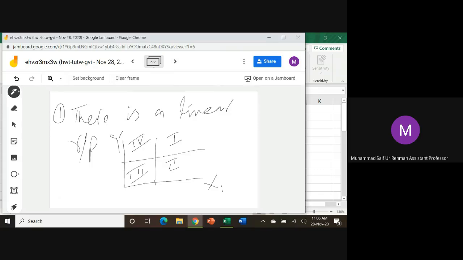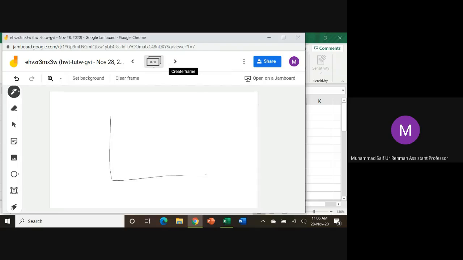You will see in which quadrants more dots are there. First of all, you will have the mean values, y bar here and x1 bar over here. Let us say you obtain more dots in this quadrant and more dots in this quadrant. This explains that there is a positive relationship between x1 and y.